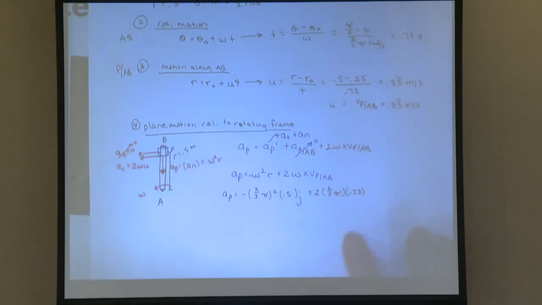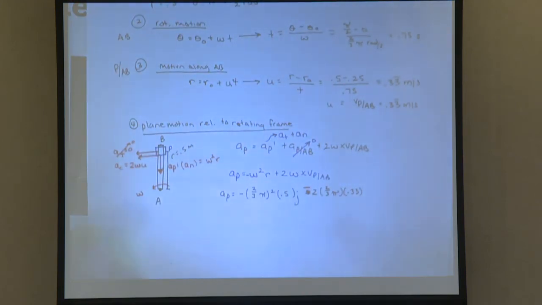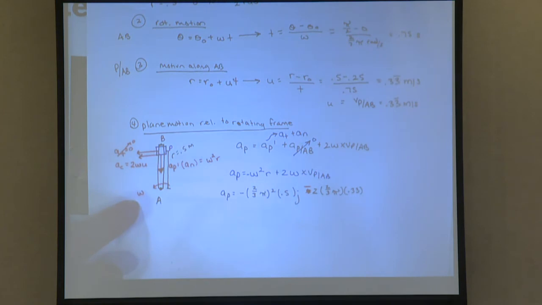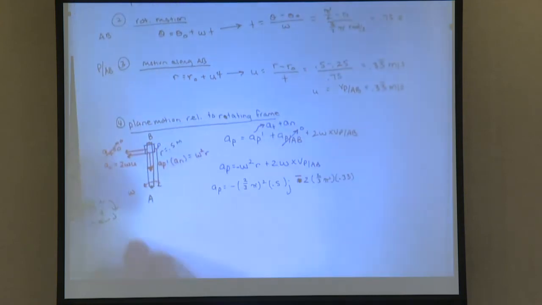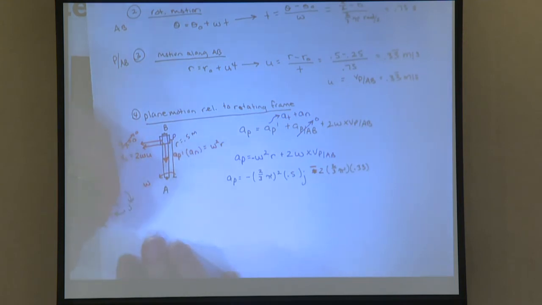You could do the cross product for this and get this sign that way, but this is actually a negative sign there. Because if I were to do omega k cross with j, if I look at my circle, i, j, k, and this is the positive direction, if I were to say omega cross r, that would give me a negative i, because it's going against the circle.